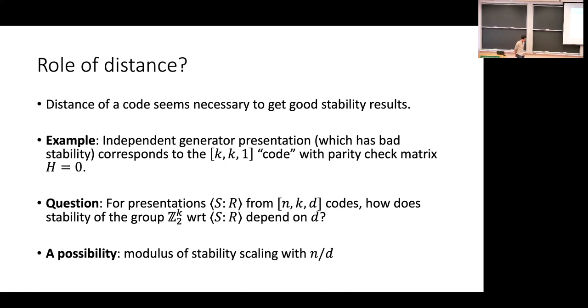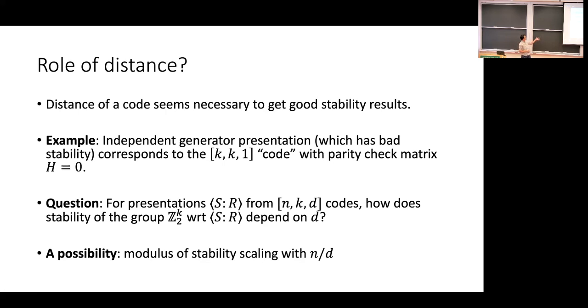So here's a question that I think would be really nice to clarify. If you construct presentations of Z to the k from codes in this fashion, how does the stability of the group depend on the distance of the code? One possibility, and I don't have a lot of general evidence for this, just some intuition, is that you cannot get a modulus of stability that scales better than some factor that depends on the ratio n over d.